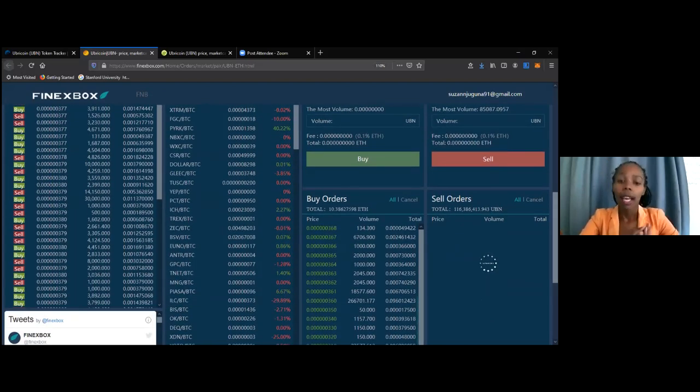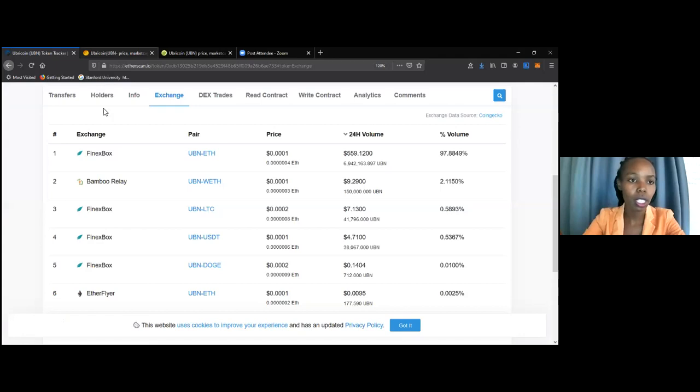So if, for example, you want to sell your UB coins in the market, instead of putting a sell order below what is in the market, we have so many people who want to buy UB coins. We have so many buy orders for UB coins. So what we encourage people to do is to go to the market. Let me refresh this again.